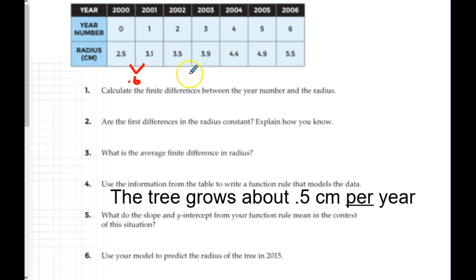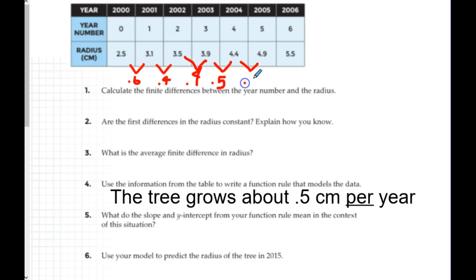So what do we get? So the first one, 3.1 minus 2.5 is 0.6. What about this next one? What did y'all get on the second? Okay, 0.4. And then from 3.5 to 3.9, 0.4 again. All right, and then 0.5, yes.